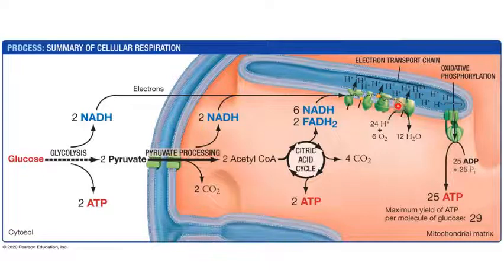As they move from one complex to the next, the energy of their movement is used to pump protons across the inner mitochondrial membrane to create a concentration gradient for protons called the proton motive force. At the end of the electron transport chain, electrons are going to be added to oxygen, which creates water.